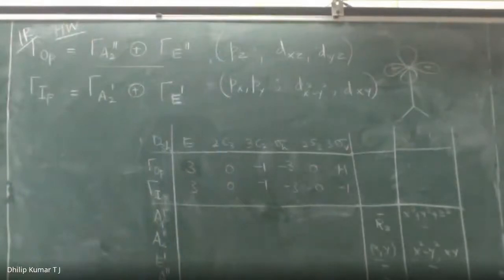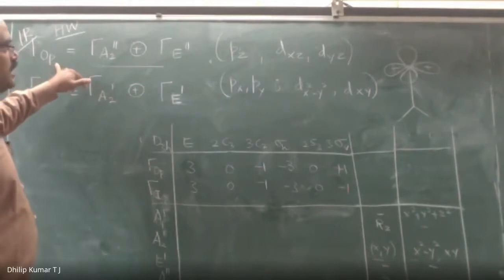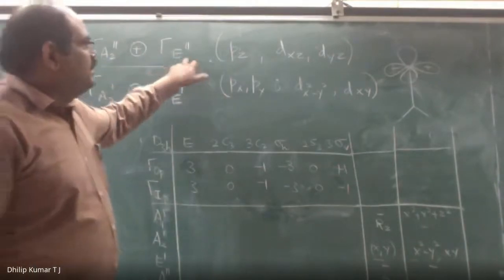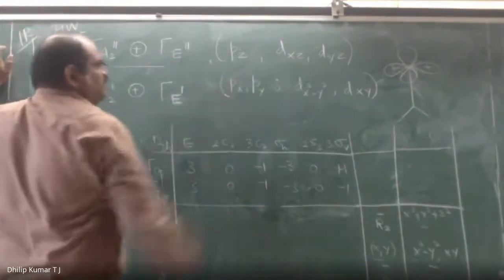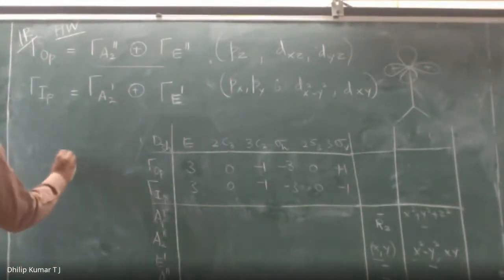So from the character table we are finding out these orbitals. So the out of plane orbitals have A2 double prime symmetry and E double prime symmetry. That corresponds to PZ orbital and D xy, xz and yz orbitals. But pi orbitals are only P, or we consider BCl3.